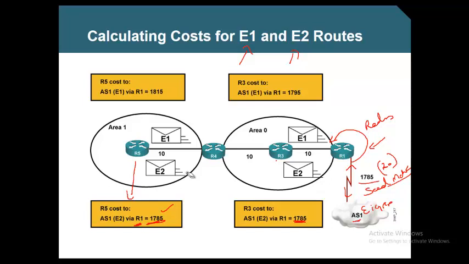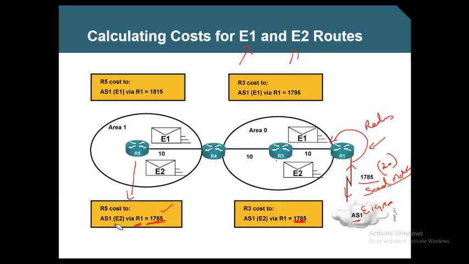But when you don't have multiple exits to the external world, when you have only one, there's no point of calculating the cost. It's of no use. That is why E2 is kept as default. Path cost you don't want to calculate, because whether you calculate or not, that's the only path you have to go. You don't have other paths to compare and see which path is cheaper.